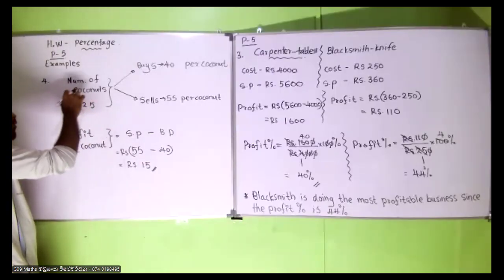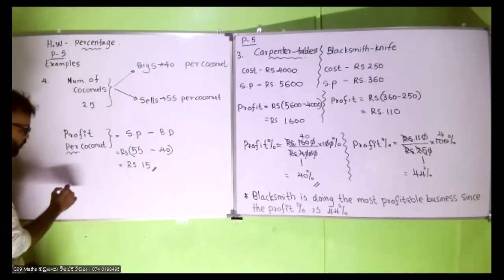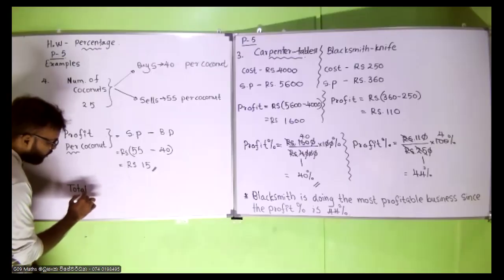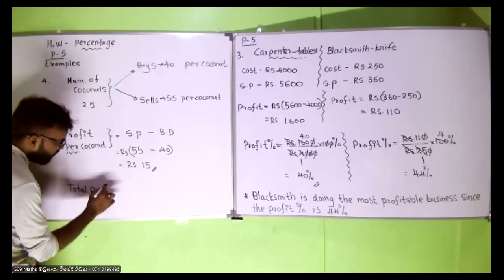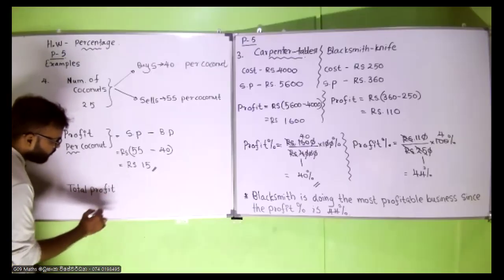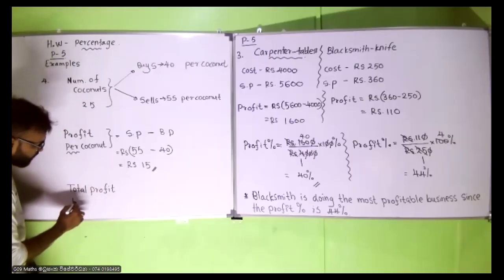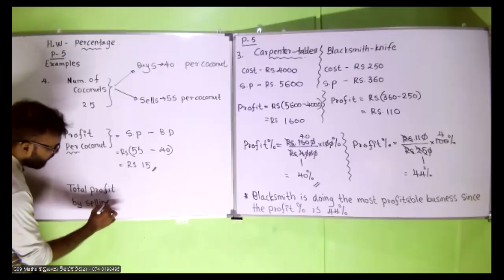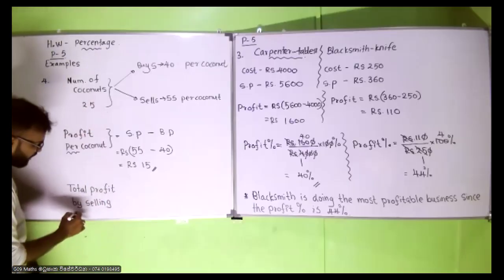So you now have 25 coconuts. So now you can find the total profit by selling 25 coconuts.